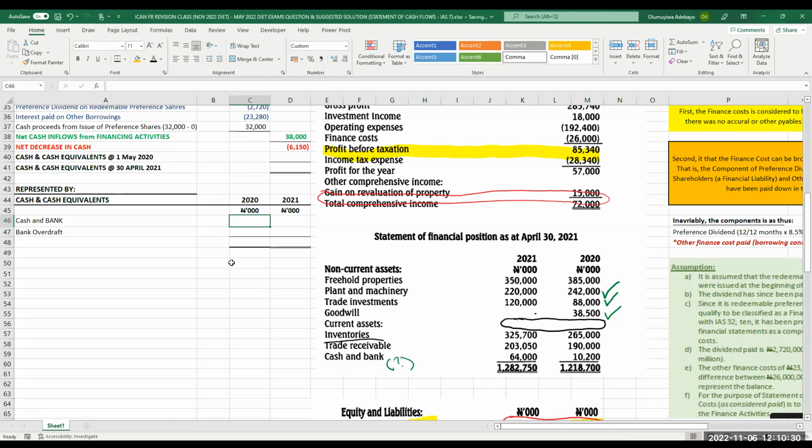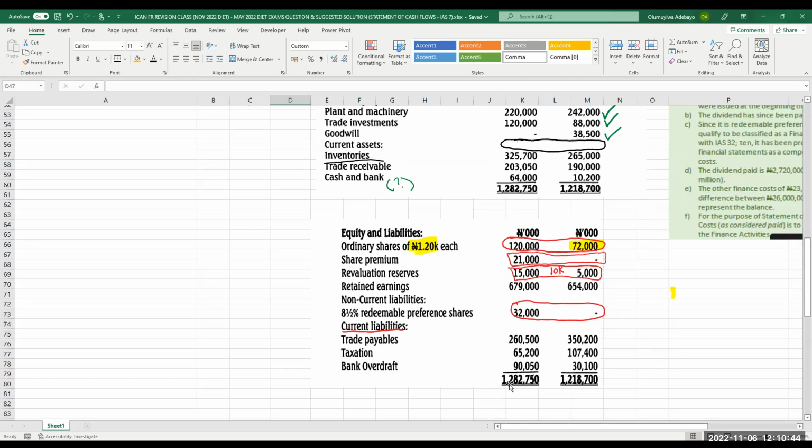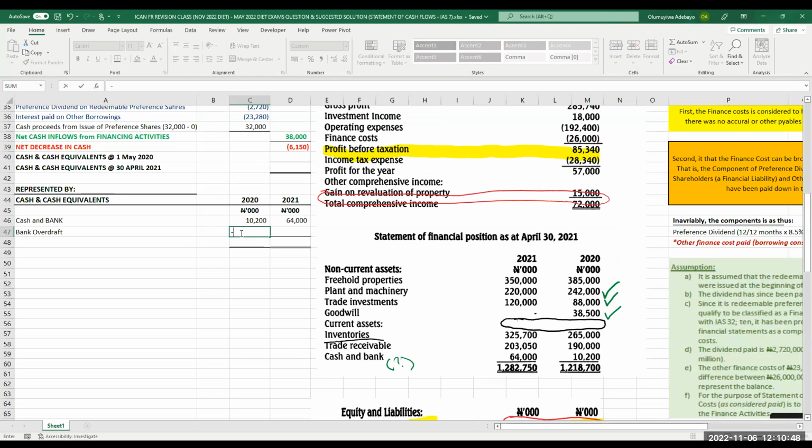And what's cash and bank in 2020? It is 10,200 and 64,000. What is overdraft? 3,100 and 90,050.